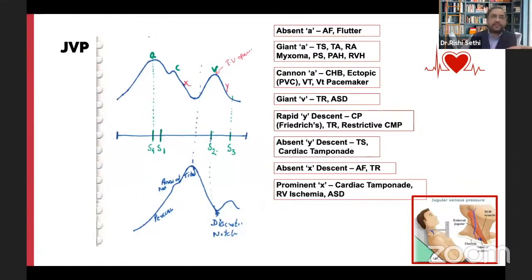The C wave has come because of the isovolumetric contraction of the ventricle and the tricuspid valve being pushed back into the atria. When it goes into systole, there is a descent of the tricuspid valve back into the ventricle, and it leads to a little more dilatation of the atria, and pressure becomes lower, and the second part of the X descent comes here.